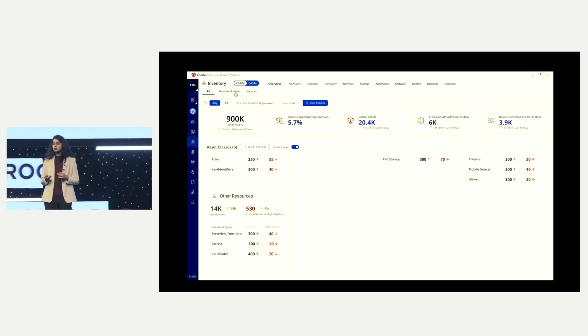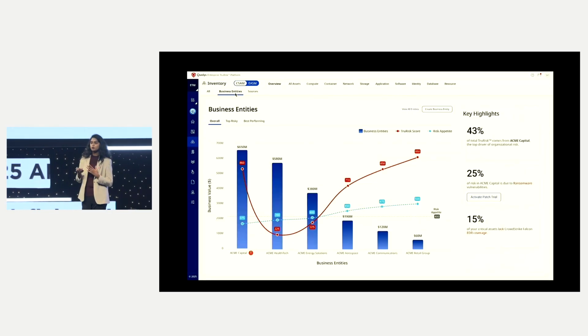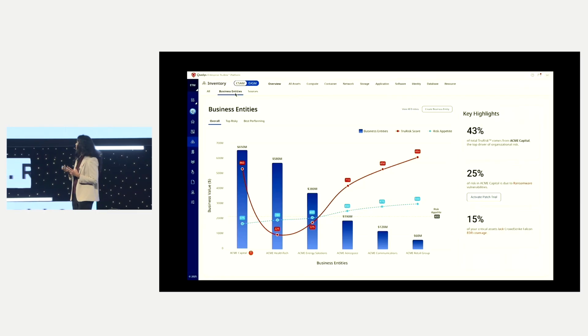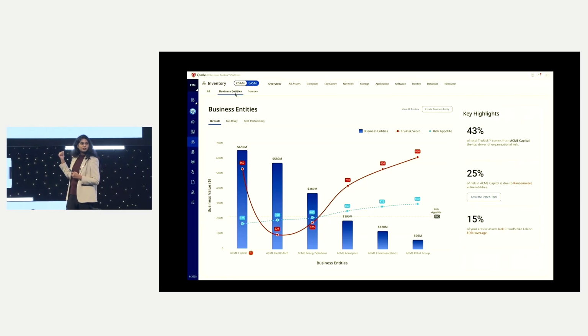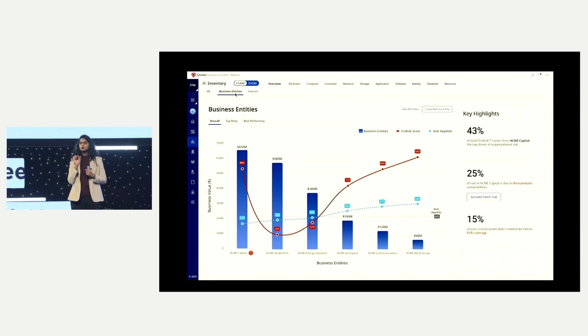Also, every business organization operates through different business entities. So, you know, it's finance, it can be sales, etc. This view you are seeing here, most of you can resonate with this, right? This gives you a better understanding of your true risk versus your risk appetite and also the associated financial impact, which matters for most of us here.